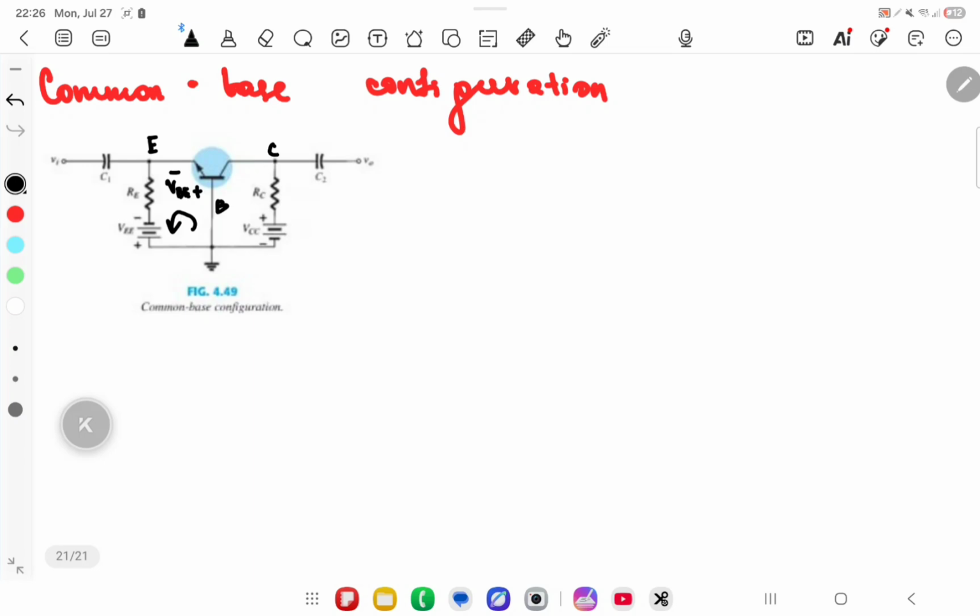If we take the mesh current equation in the anti-clockwise direction, we will have VEE with a minus, plus RE IE, plus VBE equal to 0. And our IE in this case is equal to (VEE minus VBE) over RE. Okay?